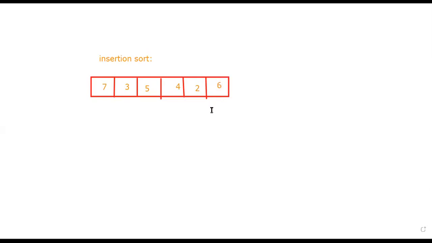So these are my unsorted elements. Now these are my indexes, right? If it is an array, where does the index start? Right, 0. Good.